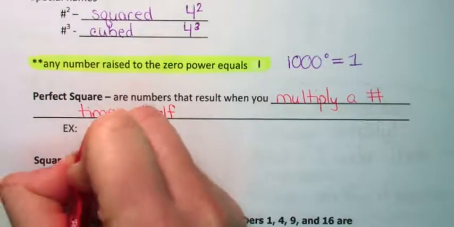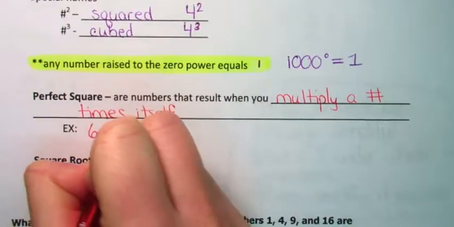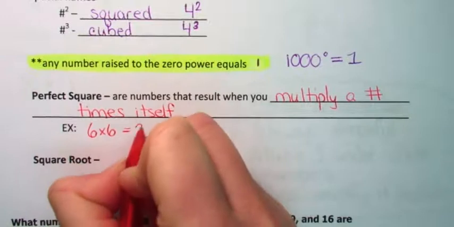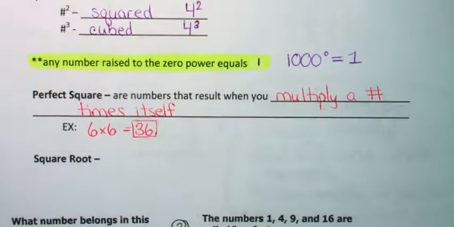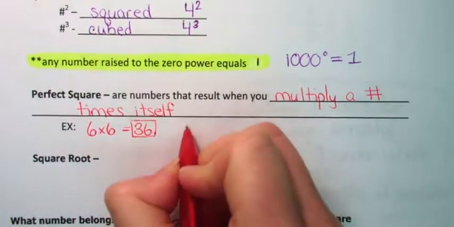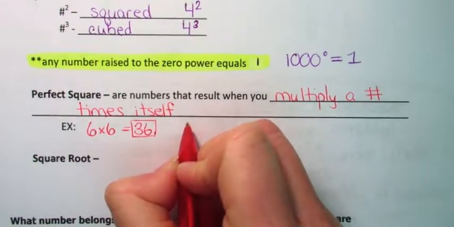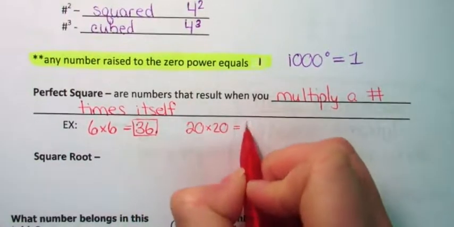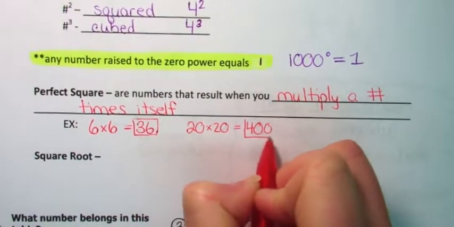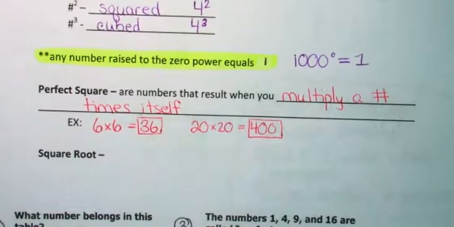For example, if I did 6 times 6, the 6's aren't my perfect square. This 36 is my perfect square. It's the number that we got. If we did 20 times 20, we would get 400. That would be our perfect square.